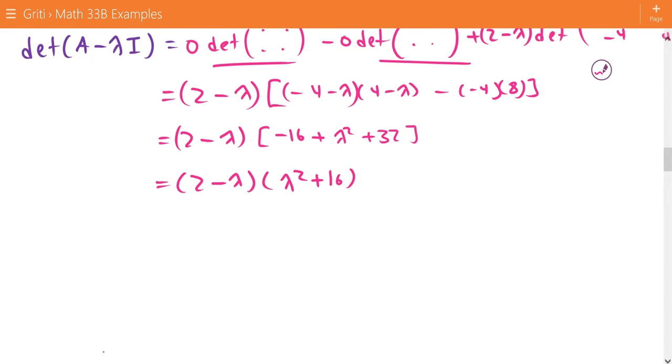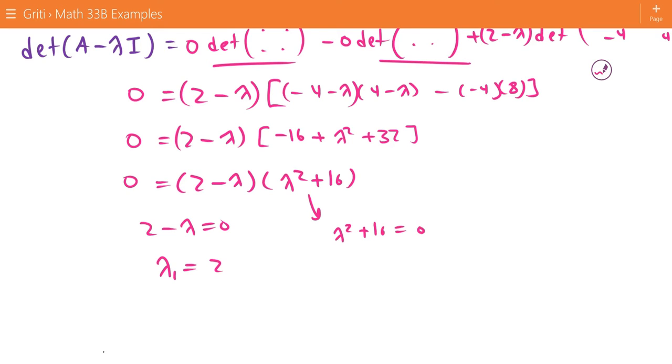So setting this equal to 0 gives us lambda 1 equals 2. And then setting this equal to 0 gives us lambda 2 and 3 equaling plus or minus 4i.